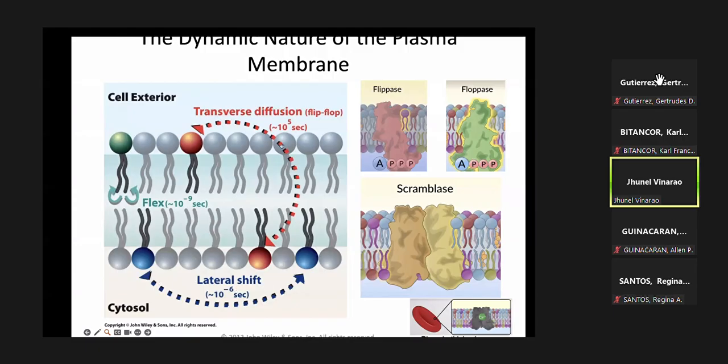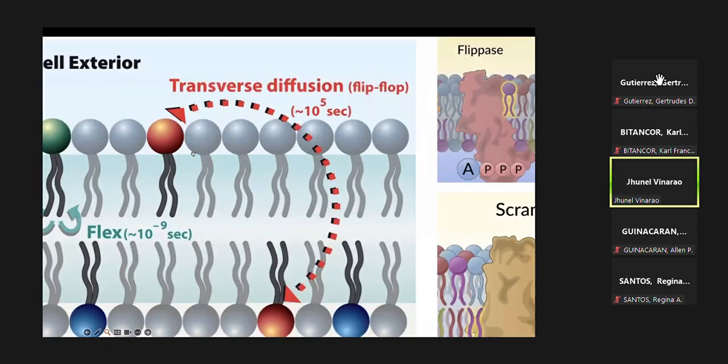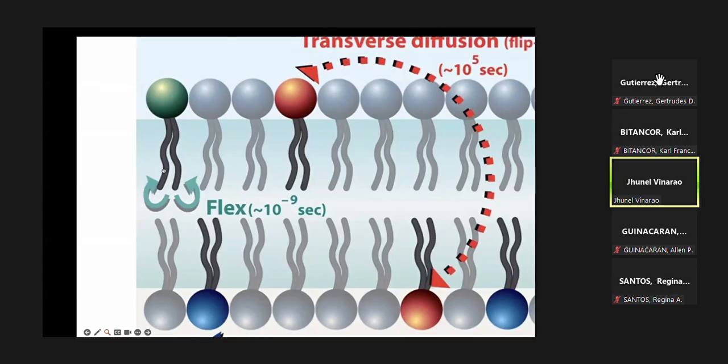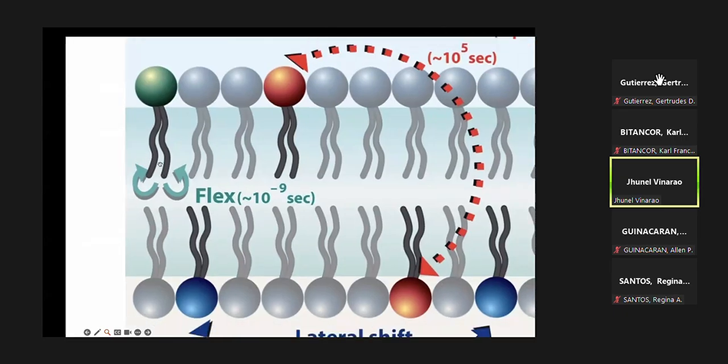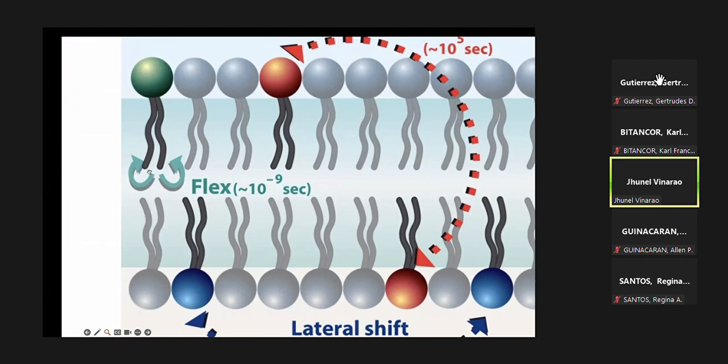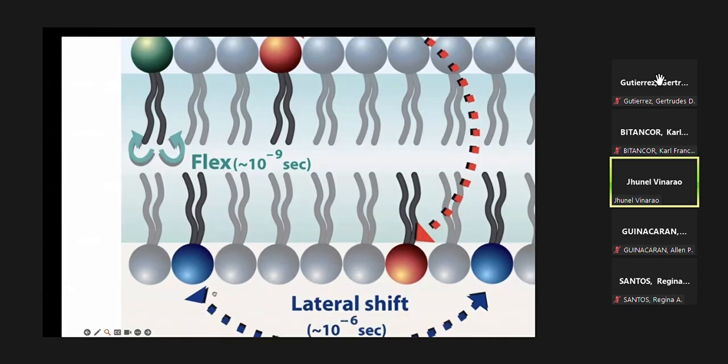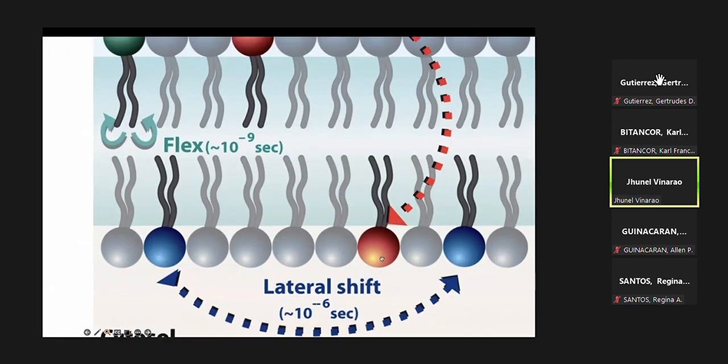And it takes time. You need more time para sa transverse diffusion. And yung mga movements na to, this is spontaneous. Hindi mo kailangan ng enzyme para makapag-rotate to, para makamove siya. And even this lateral shift, you don't need energy para makapag-shift siya.